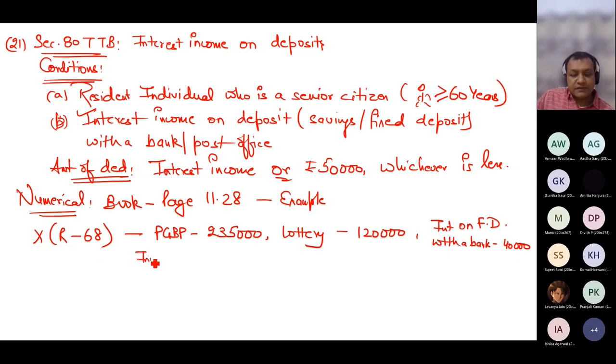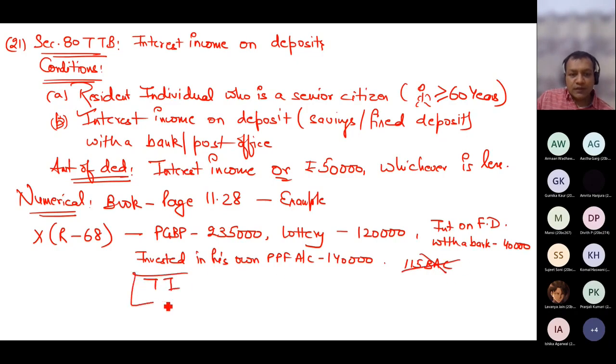He invested in his own PPF account 140, and of course he has not opted for the optional taxation scheme under 115BAC. You tell me the answer of total income. Think carefully and tell me the answer. I will wait for your answer.